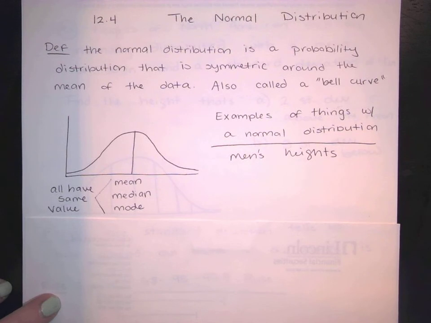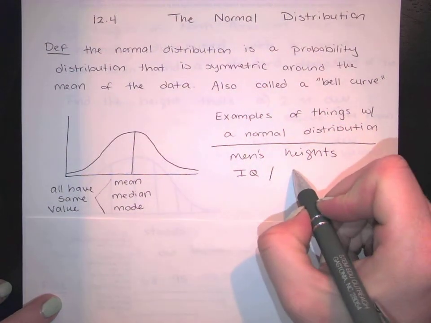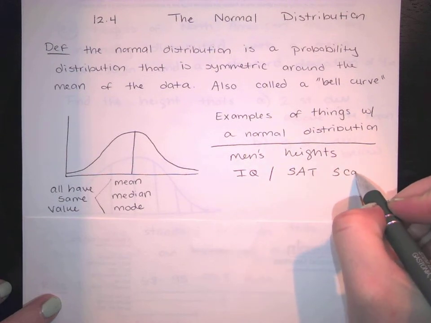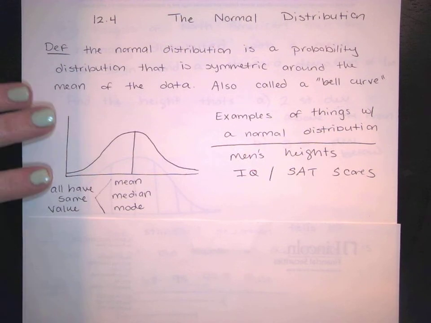Other things with a normal distribution: IQ, SAT scores. Anything when we're looking at a large population, things that vary slightly among individuals will have a normal distribution.